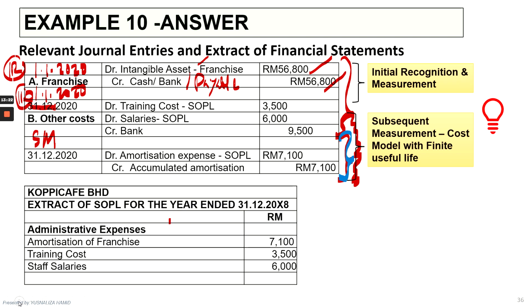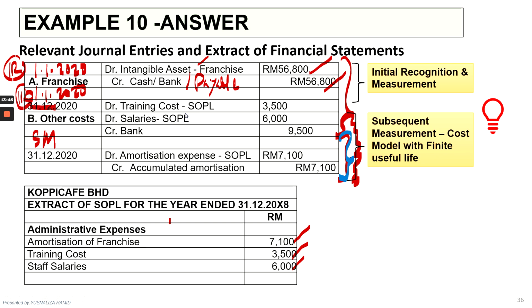Okay, this is the effect in the statement of profit or loss, where you have your training expenses, amortization of franchise, and training staff salaries being included as part of admin expenses. So if you look, the training expenses are actually not being capitalized. It is shown as an expense.